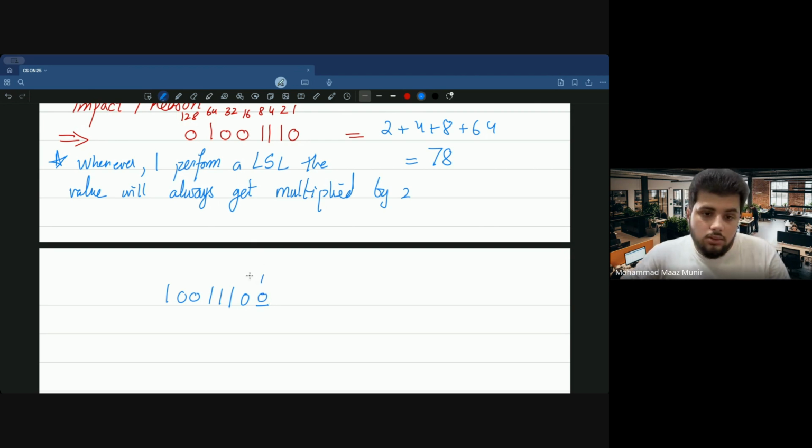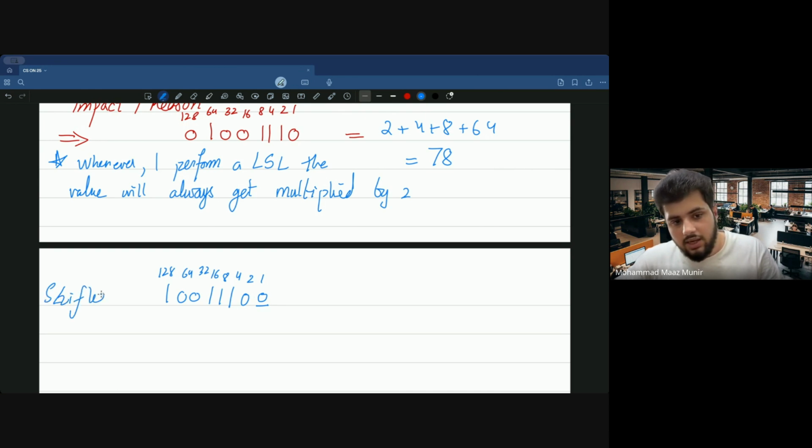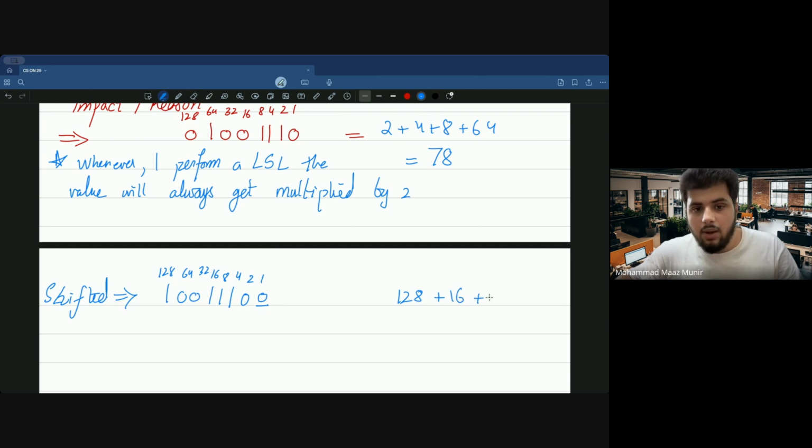Now, 1, 2, 4, 8, 16, 32, 64 and 128. So if I add up the new binary values, this is the shifted binary number. Add it up: 128 plus 16 plus 8 plus 4.